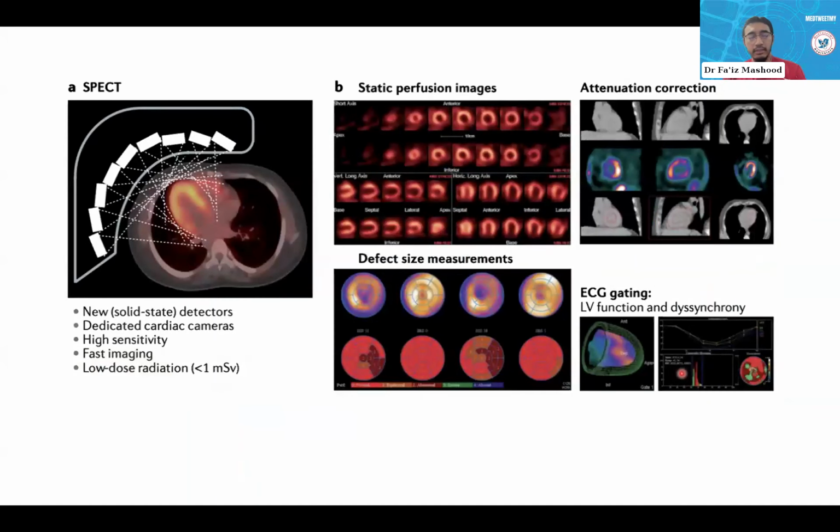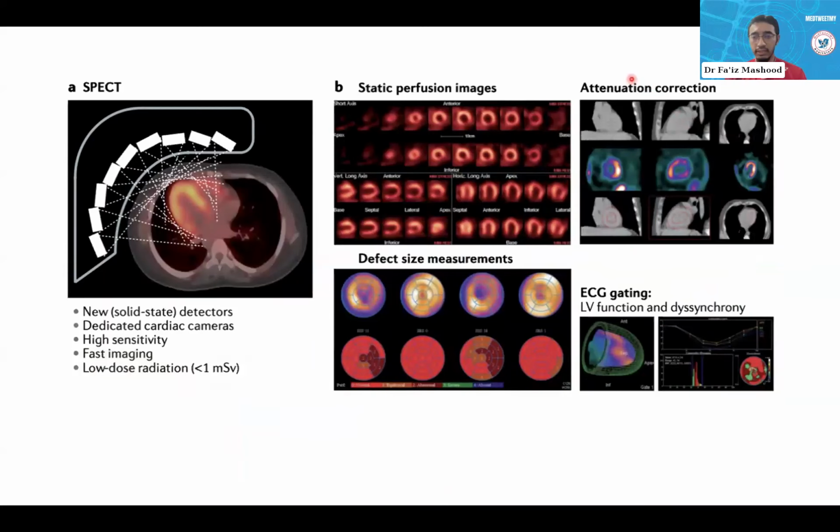These are examples of images from SPECT scan. We have a static perfusion image at different axes: short axis up there, and vertical and horizontal long axis as well. On the right side here is attenuation correction. It's a hybrid of SPECT and CT scan.